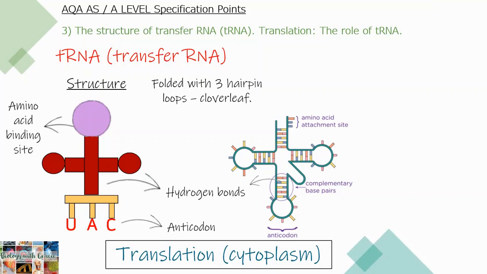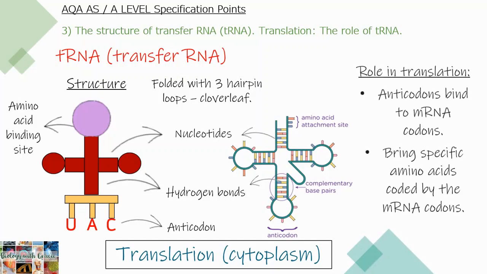It also contains hydrogen bonds between complementary base pairs within the structure, and it is made up of nucleotides. Its role in translation is binding to mRNA codons with its anticodons. So it brings specific amino acids to the mRNA in the ribosome coded by the mRNA codons.